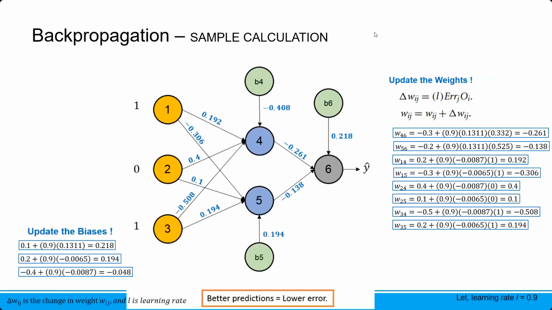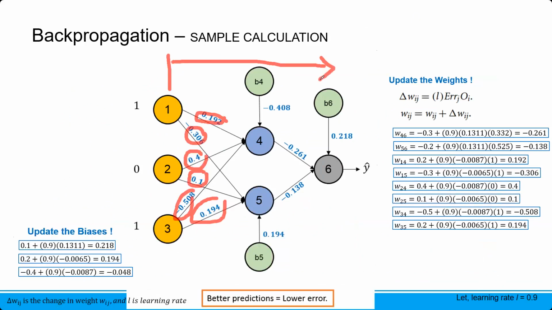After we have the updated weights, what should we do next? Again, we will do the feed forward neural network. We will start again from the input layer and go to the output layer.